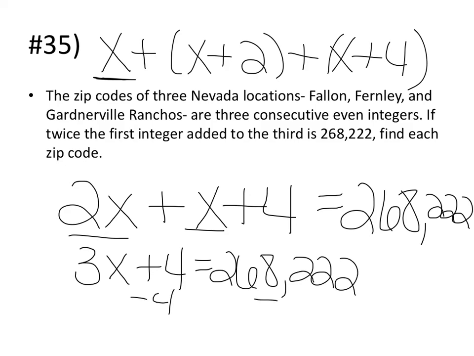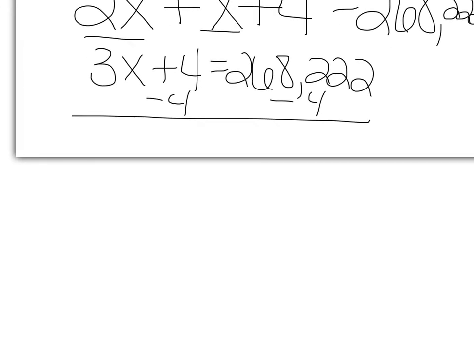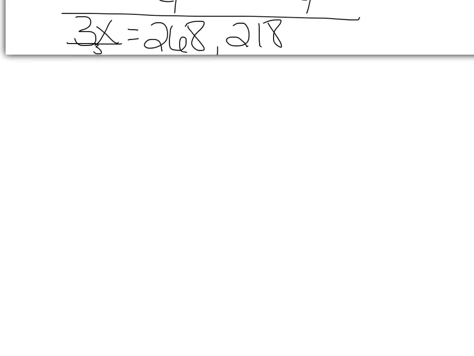So you'll subtract 4 from both sides. You get 3x equals 268,218. Divide both sides by 3.